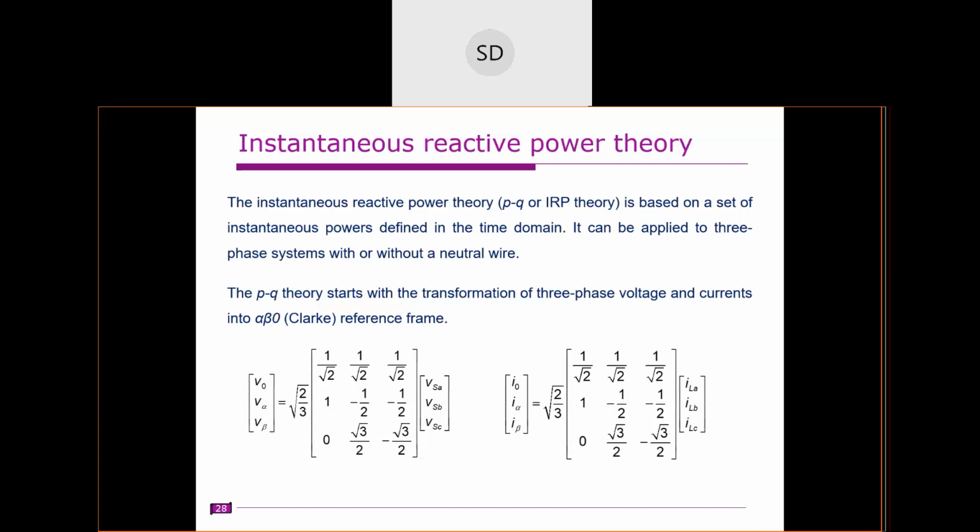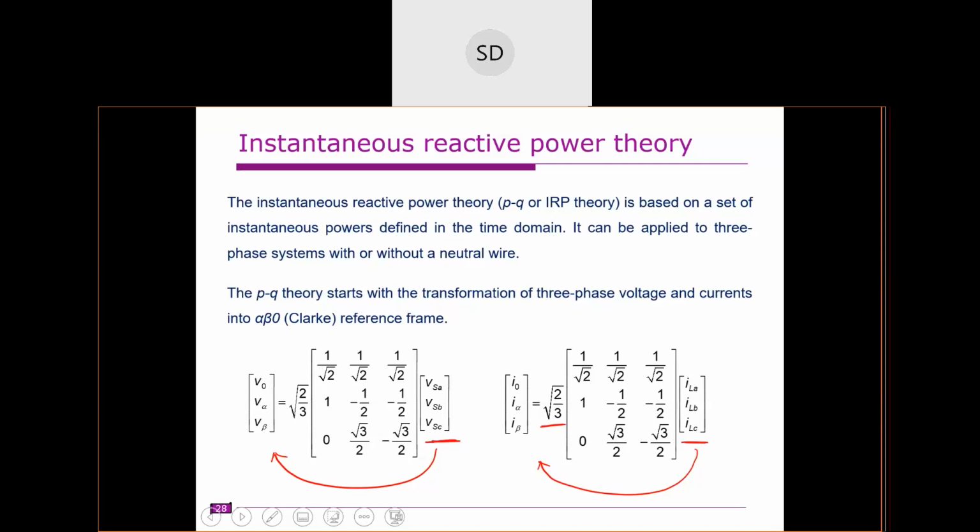In this, we already discussed that the first step is to measure the supply voltages and convert them into the alpha beta reference frame. Similarly, we measure the load currents, which are also converted into the alpha beta reference frame.